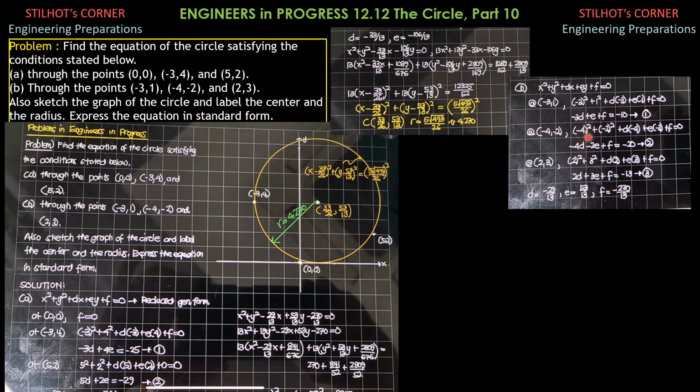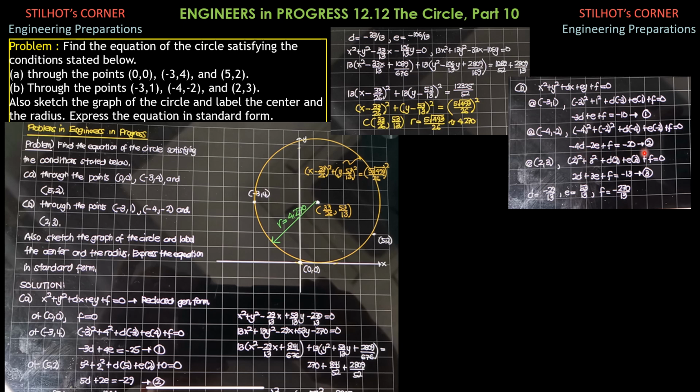Then at negative 4, comma negative 2. So quantity negative 4 squared plus quantity negative 2 squared plus d times negative 4 plus e times negative 2 plus f equals 0. Simplifying, we have negative 4d minus 2e plus f equals negative 20.